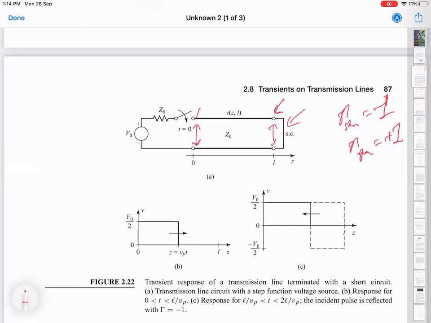Initially the incoming wave set up a voltage V0 over 2 across the line, then it became 0 here, and the reflected wave cancels that forward going wave and makes it 0 all along the line till it reaches back to this point.